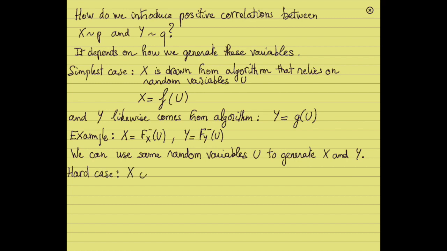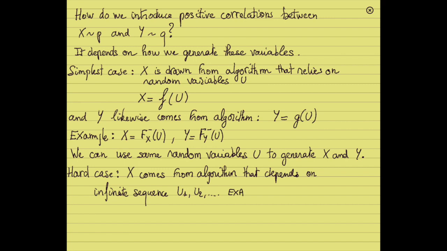So the hard case would be if x comes from another algorithm that does not depend on the fixed random variable u, but instead might depend on an infinite sequence of random inputs, u1, u2, and so on. So an example of that is a rejection sampler.